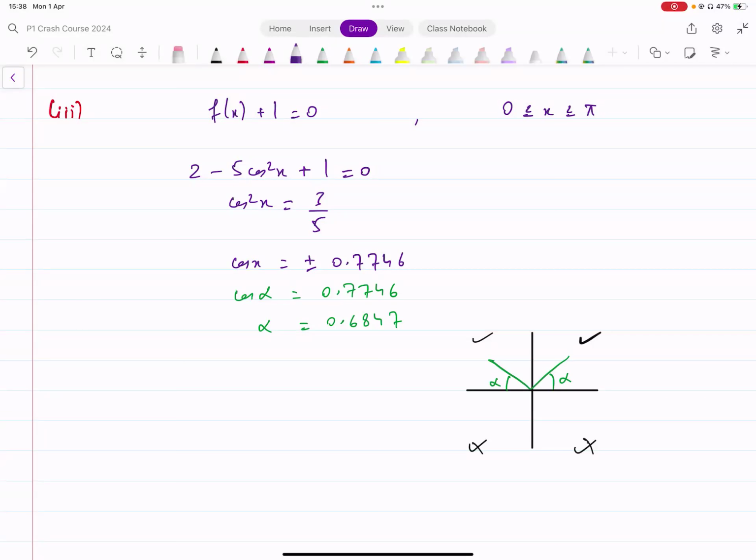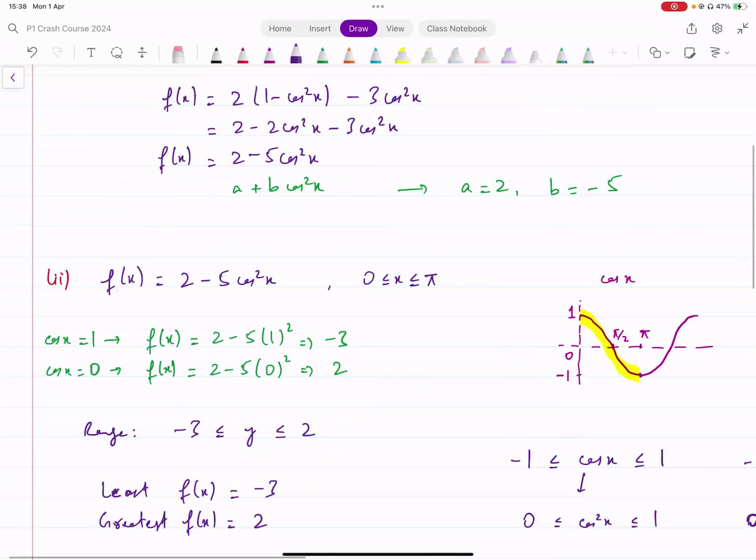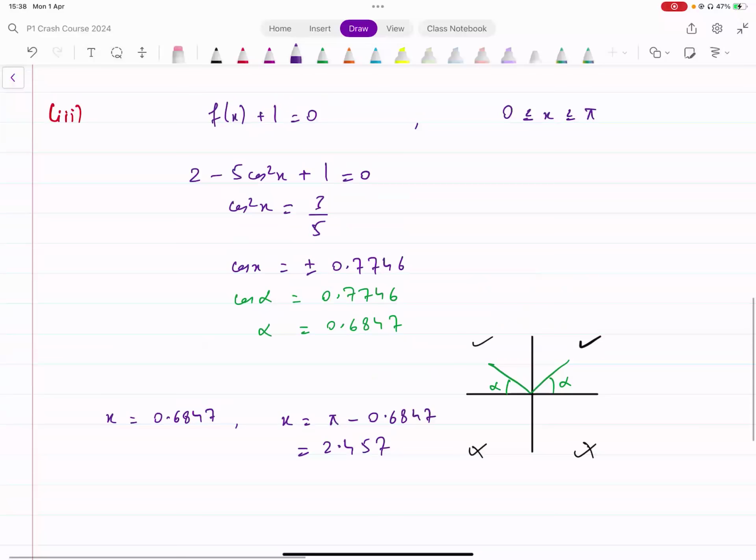So x is either equal to 0.6847 in the first quadrant, or x equals pi minus 0.6847 in the second quadrant, which gives 2.457. These are the two possible values of x that you get. So that's just simple trigonometry. We've done many questions like this in trigonometry before. That's how you would do it.